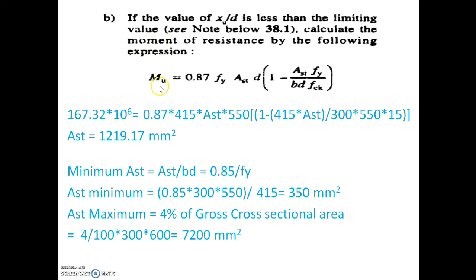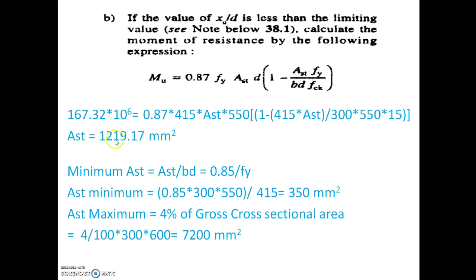So for under reinforced section, for calculating the area of steel, we will use this formula, that is Mu is equal to 0.87 fy Ast into 1 minus fy Ast divided by fck bd. By substituting the Mu value of 167.32 into 10 power 6 is equal to 0.87 into fy value is 415, Ast we should find out, and d is equal to 550 into 1 minus 415 into Ast by 300 into 550 into fck 15.